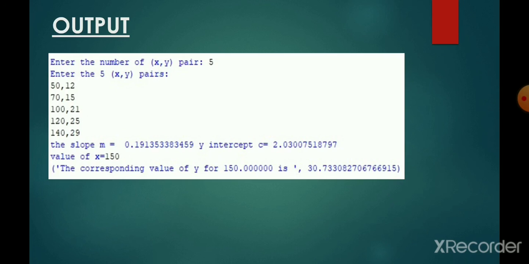Then the value of x equal to 150. The corresponding value of y is 30.733 something. It can be found from the least square fit method, and the output curve is given.